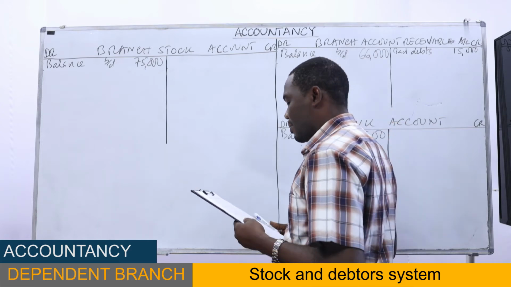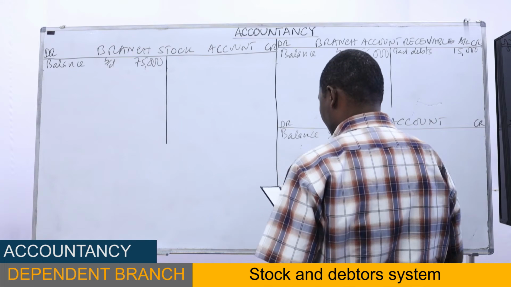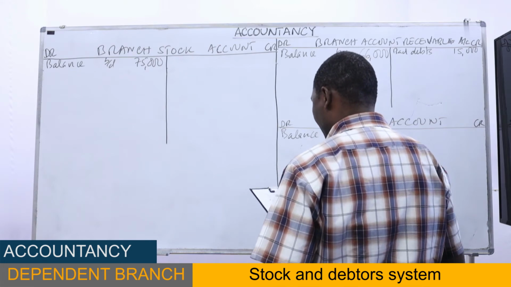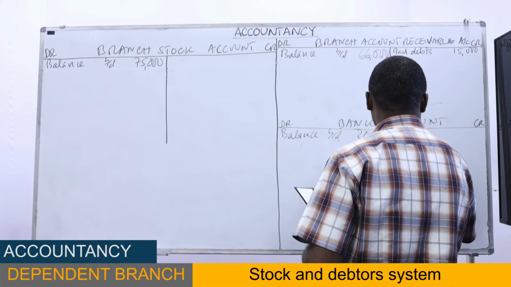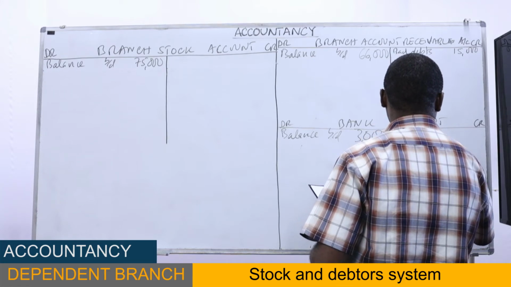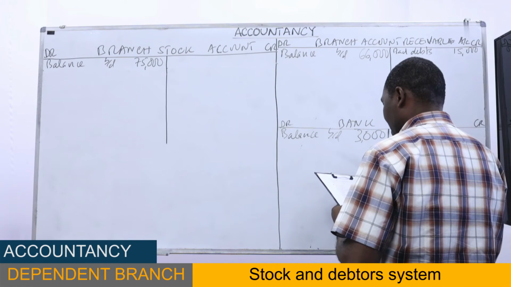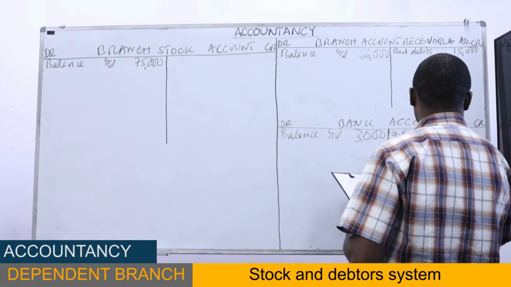So these general expenses paid will reduce our bank balance. Call it general expenses. How much for general expenses? It was 42,000.